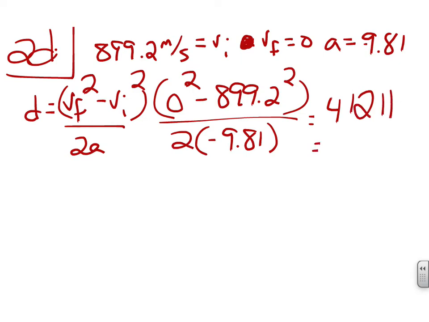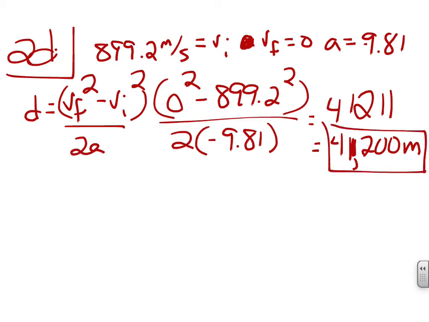So after rounding, of course, that's going to be 41200 meters. So that's going to go up quite a ways, 41,200 meters up in the air. And of course, we're ignoring air resistance. In real life, it wouldn't quite get that high. It still gets pretty high.